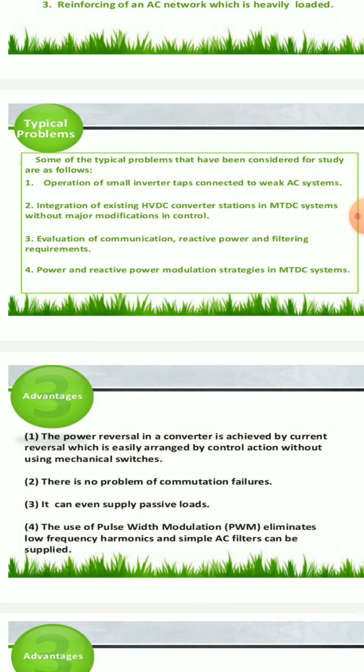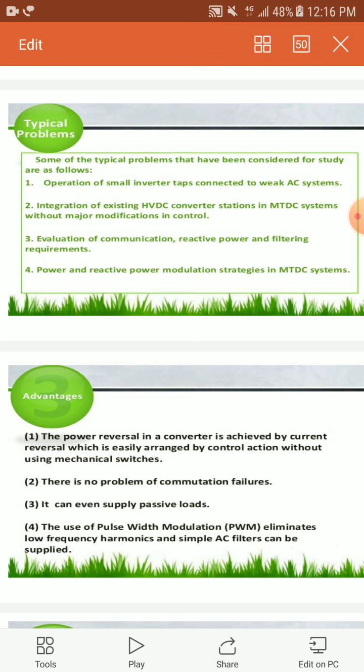The typical problems in multi-terminal HVDC system that can be considered for study are: operation of small inverter taps connected to weak AC systems, integration of existing HVDC converter stations into MTDC systems without major modification and control, evaluation of communication, reactive power, and filtering requirements, and power and reactive power modulation strategies in MTDC systems.